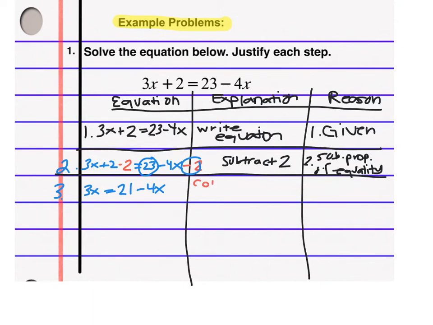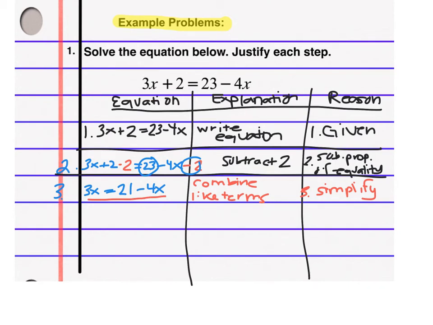I combined the 23 and the negative 2. Combine like terms. Or for my reason, I could put simplify. And I would accept really either of these in either place. All right, so now we have 3x equals 21 minus 4x.